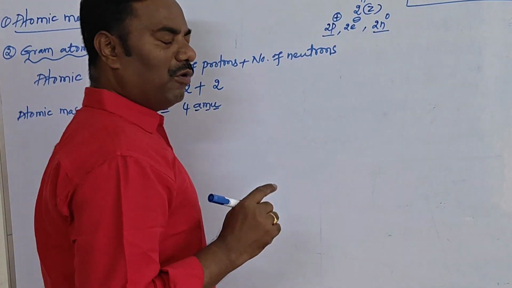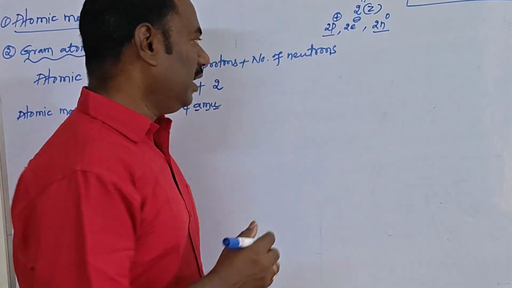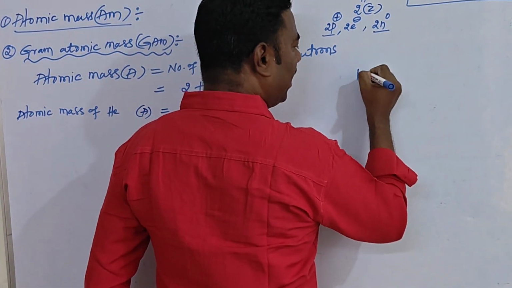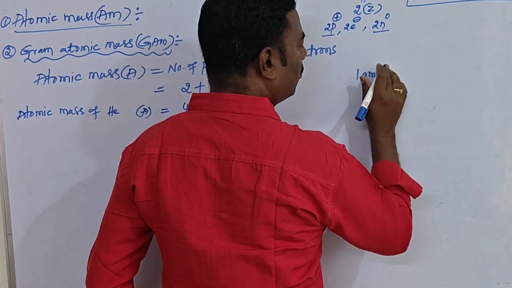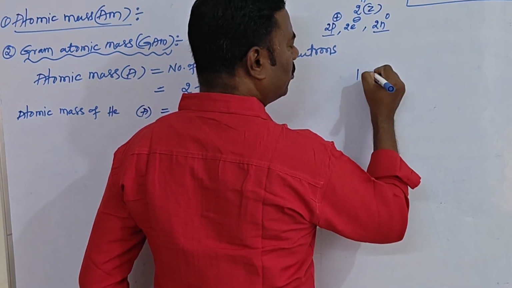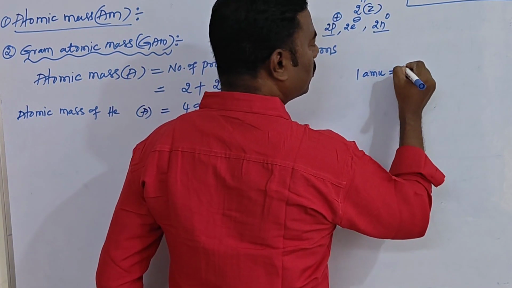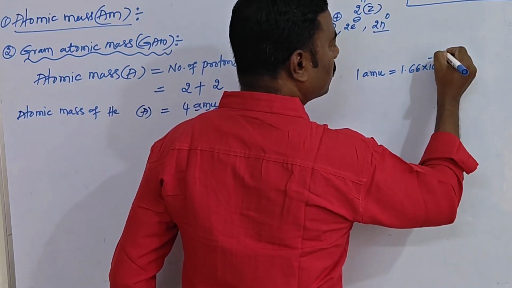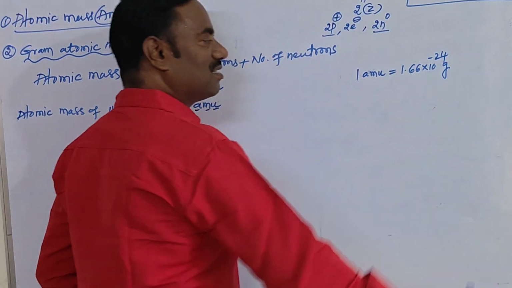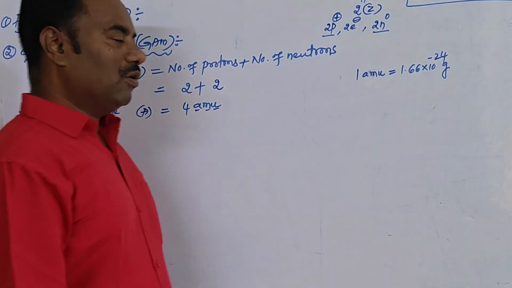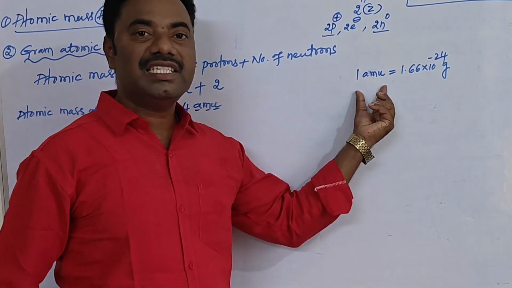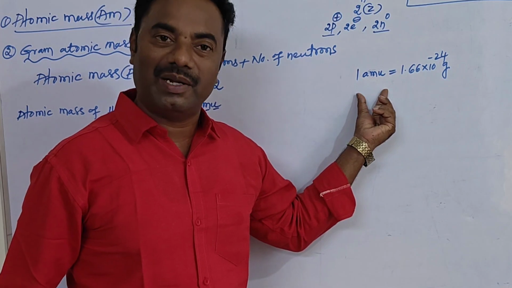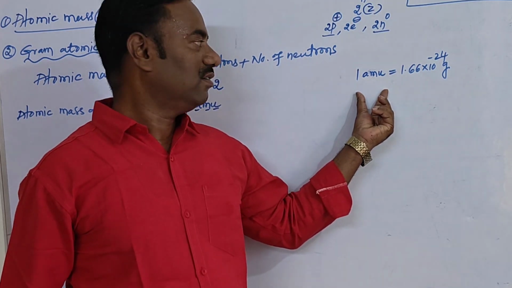Clear? Here one more point I need to say. 1 AMU is equals to 1.66 into 10 to the power of minus 24 grams. 1 AMU means it is the relative mass of either proton or neutron.